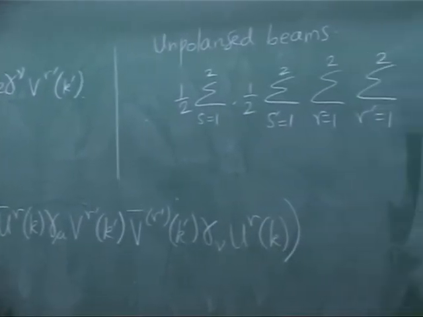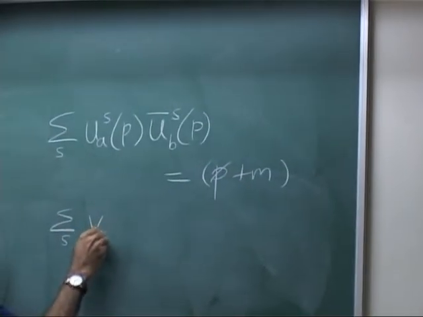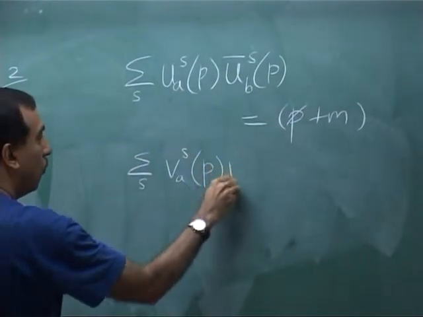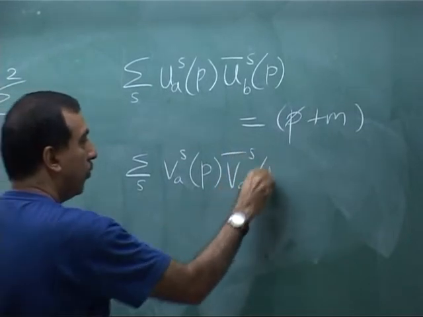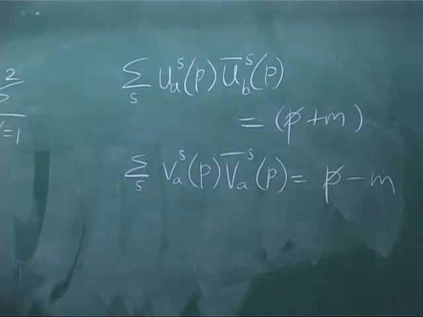So for V, instead, this one is P slash minus M. So I should replace. Now, where does V bar come in? This V with an arbitrary index and this one with an arbitrary index together give me P slash minus M. But now how do the indices work out?